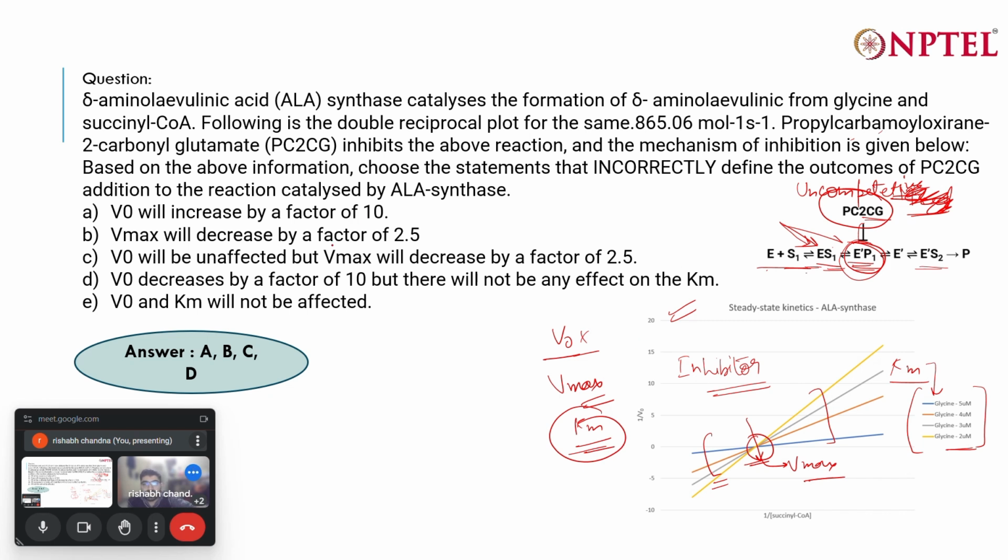So it will also not be affected by the particular inhibitor. Okay, so the correct option would be all three will not be affected at all by the addition of the inhibitor. Although Km has some role here, it will not be affected because the binding of the substrate to the enzyme will not be affected here.